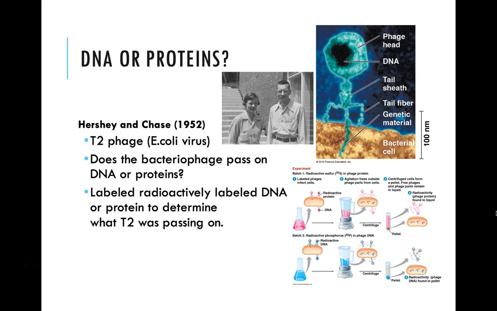The viruses are released and they go on to identify another host cell, inject their DNA, and the process happens over again. So Hershey and Chase wanted to determine if the protein from that virus, the outer protein coat, or if DNA was the genetic material that was being passed on. Which of those was the material that was causing the infection and causing the production of new viruses?